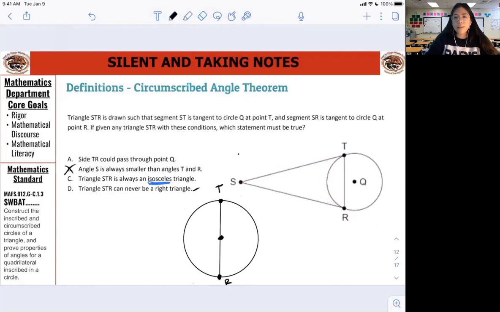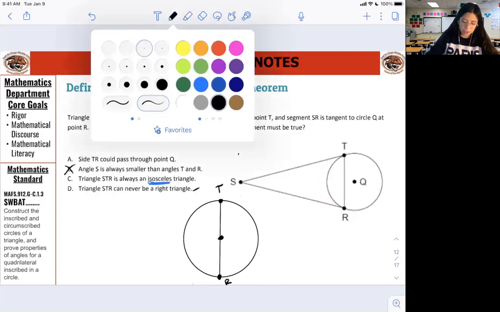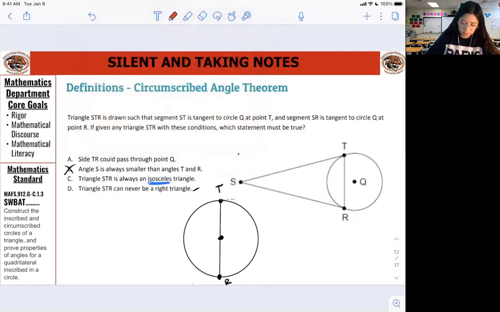The diameter. Well, if I try to draw the tangent lines, we saw this before.